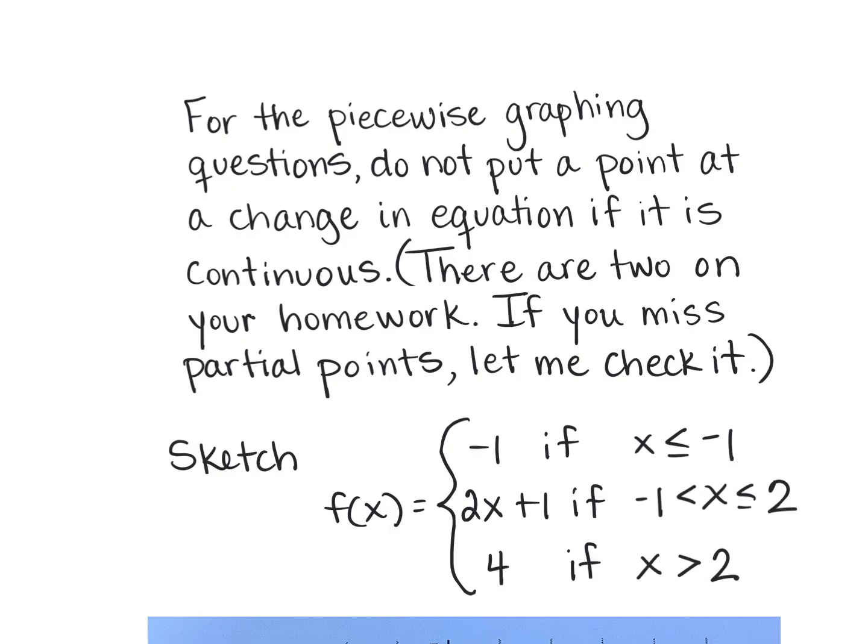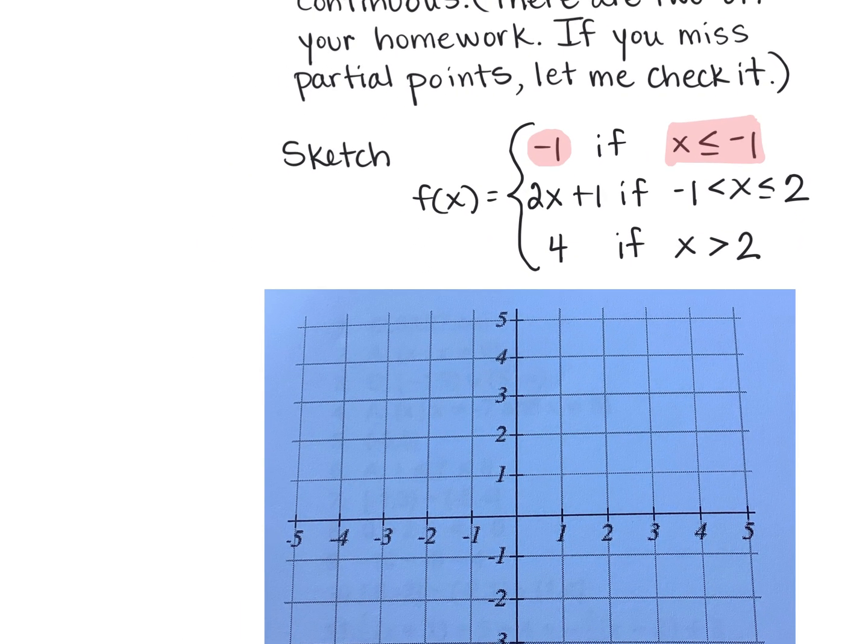So we're going to go through and graph this thing. So the first one I'm going to do is this one. This tells me that the domain of this starts at -1. So I'm down here and I have to start at -1. And it tells me that my y value is -1. So when we plot that ordered pair point, it's equal to, so this is a closed circle.